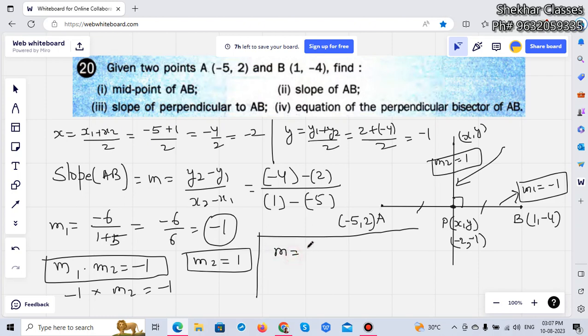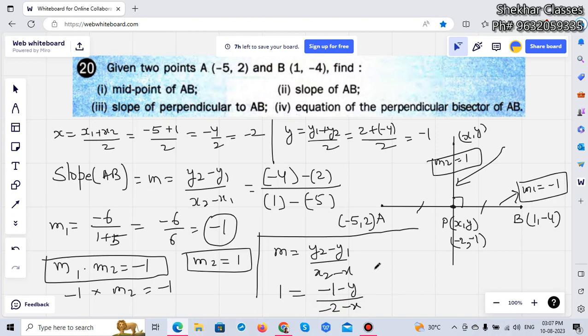We know that m is equal to (y2 minus y1) upon (x2 minus x1). What is m? m is 1. So 1 is equal to, y2 is y, minus 1 minus y upon minus 2 minus x.